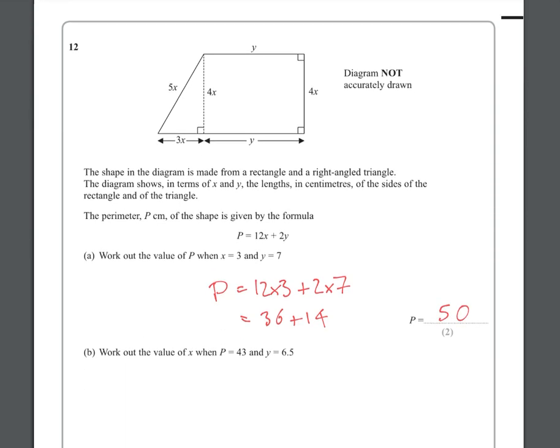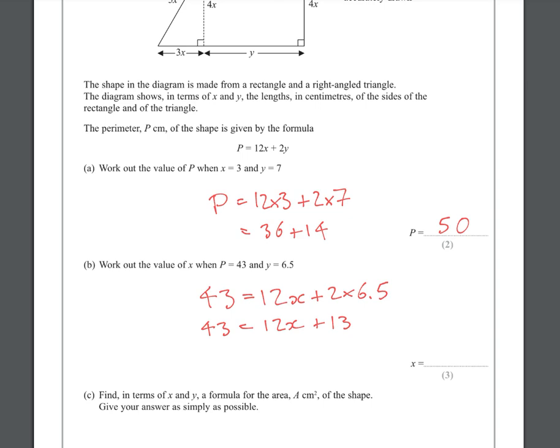Work out the value of X when P is 43 and Y is 6.5. So we're going to do the same thing. I'm just going to say 43 equals 12X plus 2 times 6.5. So that's 43 is 12X plus 13. So take 13 from both sides, we get 30 is 12X.